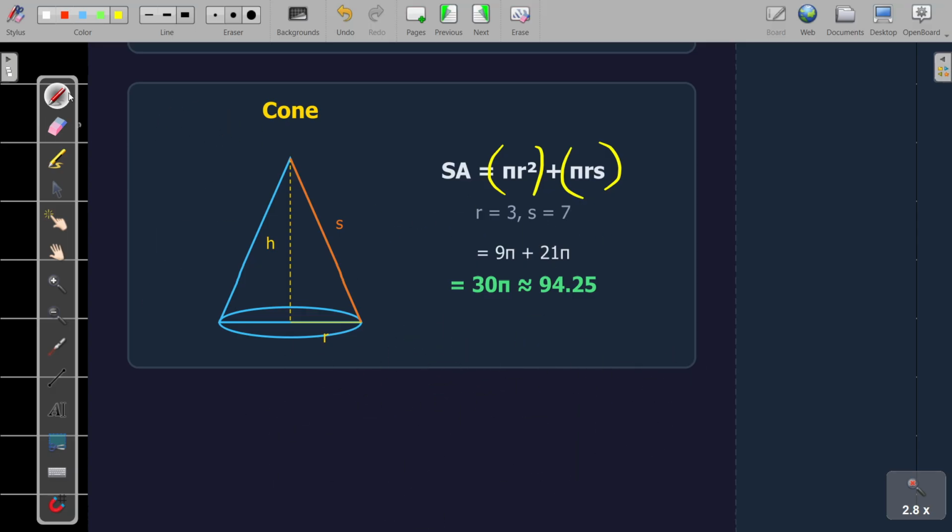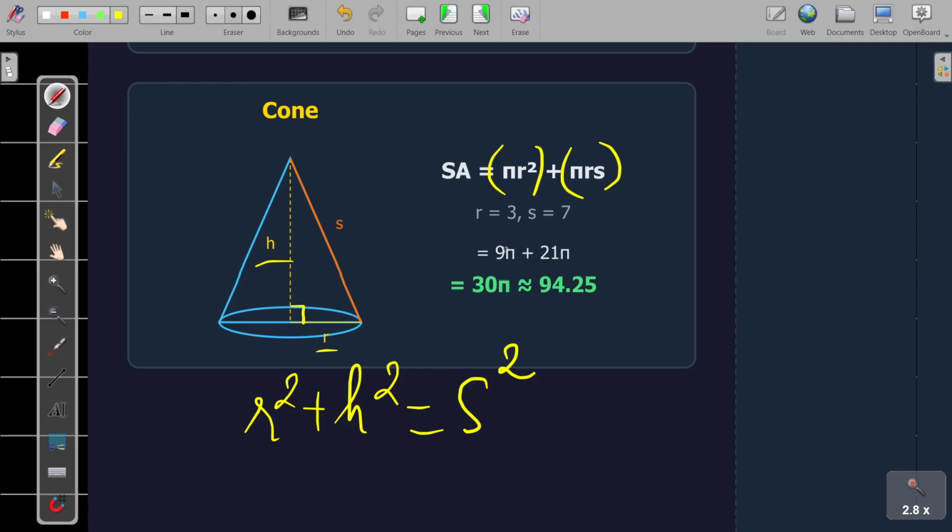And even if we don't know s, we can easily find s using Pythagoras. We have r and h here, so r squared plus h squared equals s squared, because if you look very closely, this is actually a right triangle. So even if you only know r and h, you can easily find s. But let's just say in this case, we do have s. So we just need to substitute them together.